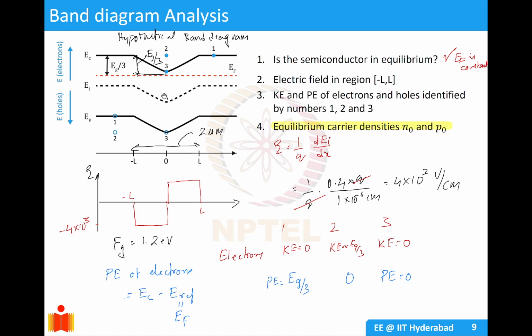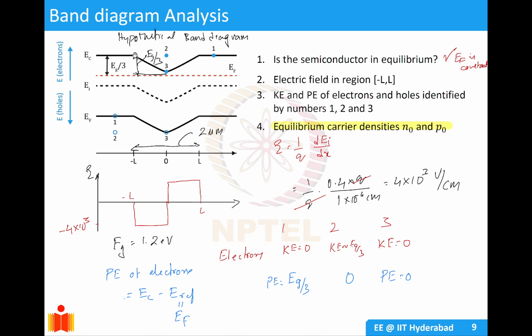So the first question is: is the semiconductor in equilibrium? You can see the Fermi level is constant, so the semiconductor is in equilibrium. Now you have to calculate the electric field in this region. Here the band is constant, so the electric field is zero.